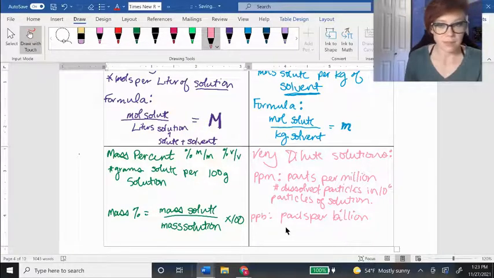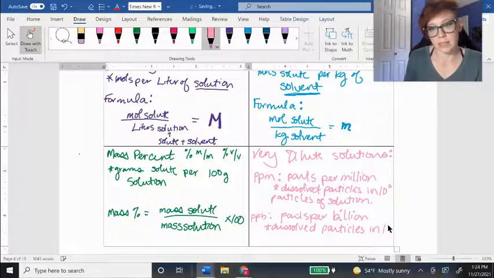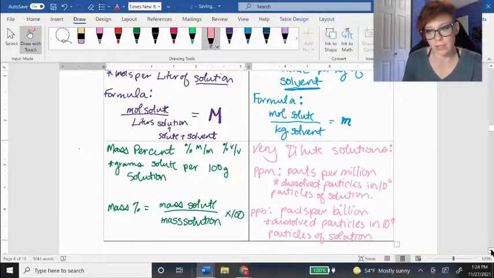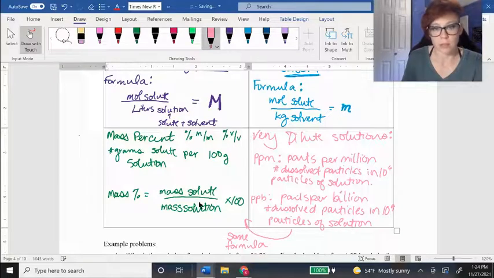So this is a number of dissolved particles in 10 to the 9 particles of solution. And again, your formula for these is the same: your mass of solute over your mass of solution. The difference in your formula is this would be 10 to the 6 for parts per million, and this would be 10 to the 9 for parts per billion.